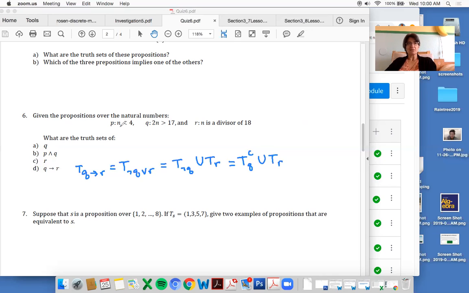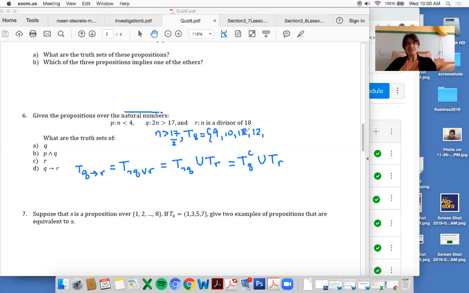So let's look, what are the truth sets here? We need the Q and the R truth sets. For Q, it's n is bigger than 17 over 2, and we're looking at natural numbers, right? So the truth set for Q is 9, 10, 11, 12, and so on.